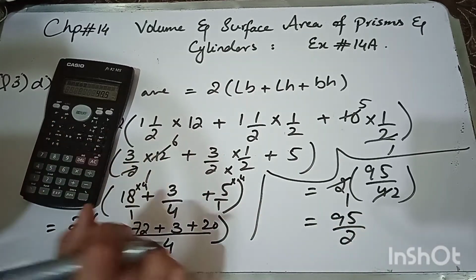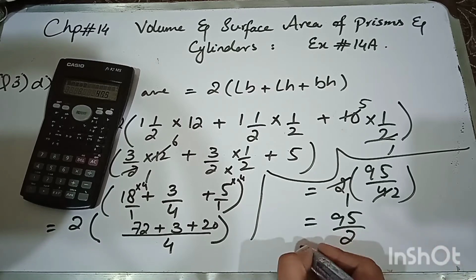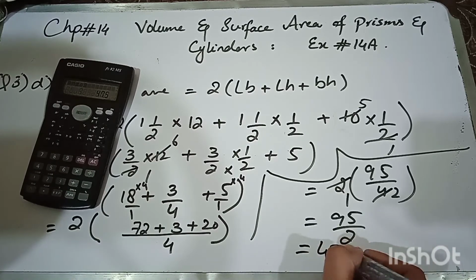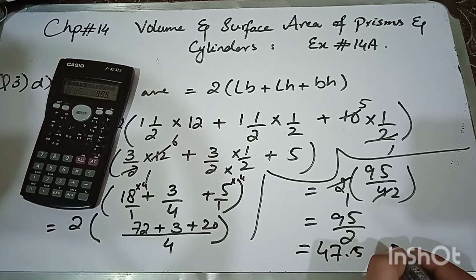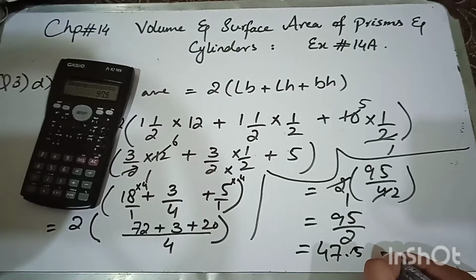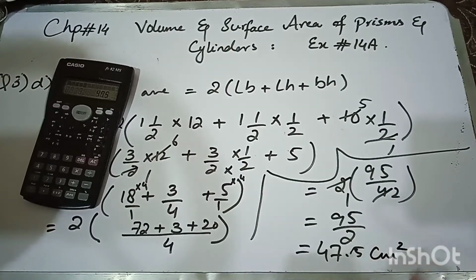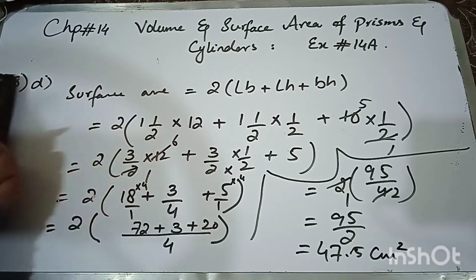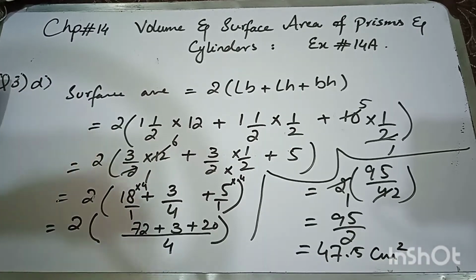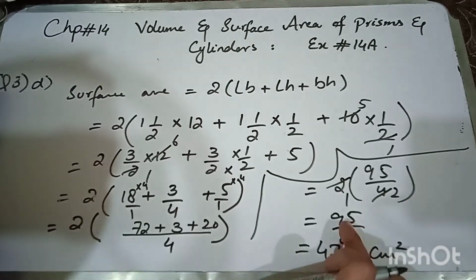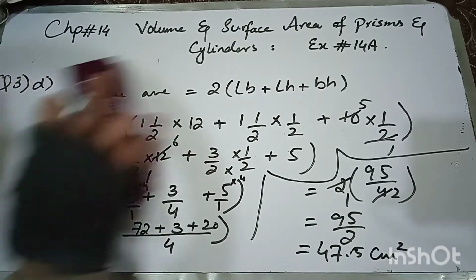95 divided by 2 is equal to 47.5, and we have the units in centimeter square. So we can also change this into mixed form. Okay, we have a fraction that is 95 by 2.